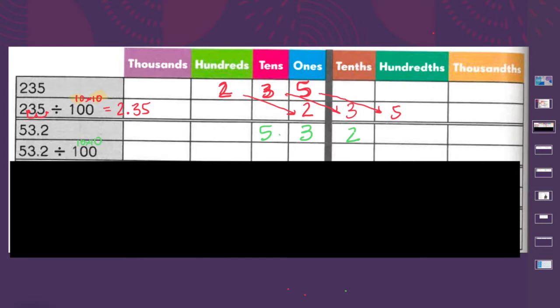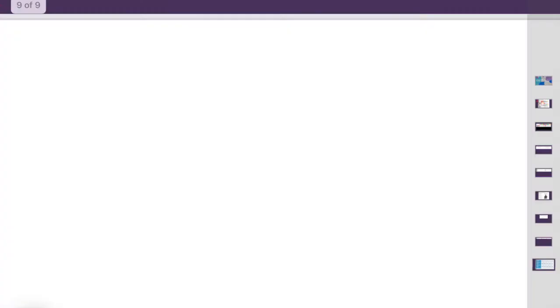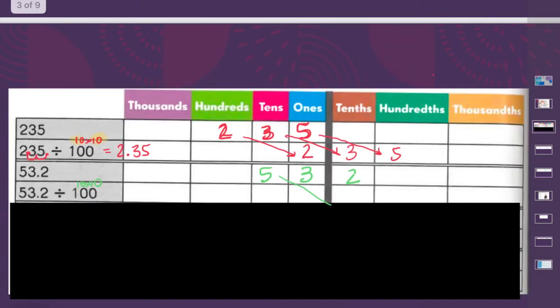So 5 would be 5 tenths, 3 hundredths, and 2 thousandths. So you can see 2 place values to the right.